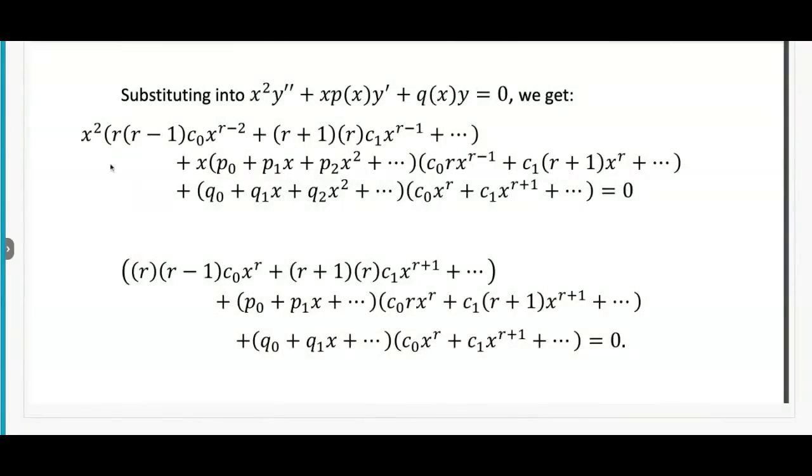Then we want to simplify this, right? Because we have x squared times x raised by r minus 2, that becomes x raised by r. And we just simplify it.